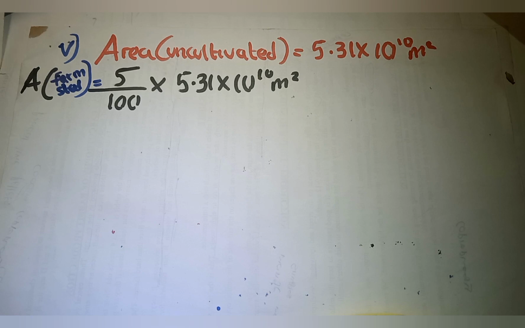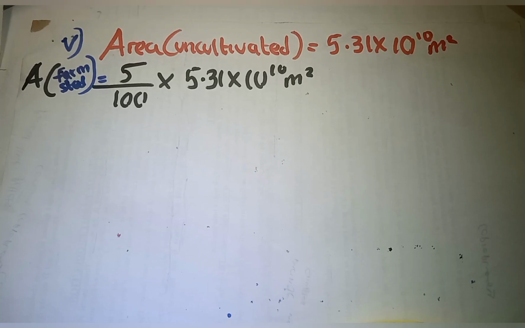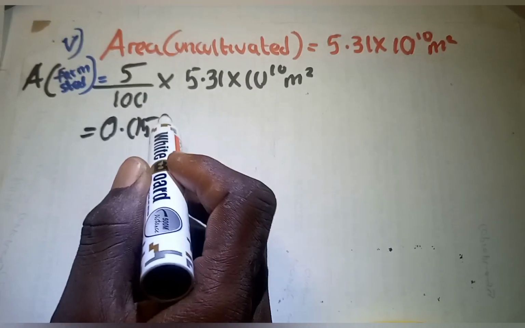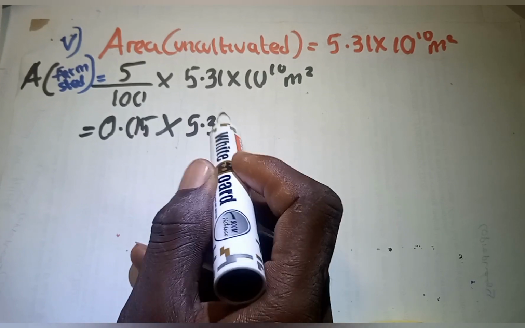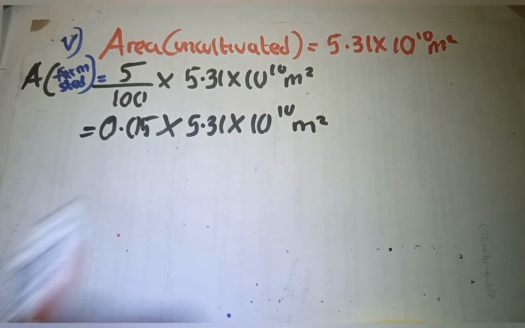So now multiply 5%. 5 divided by 100 will be 0.05. So 0.05 multiplied by 5.31 times 10 raised to the power of 10. Don't forget your unit is meter square.